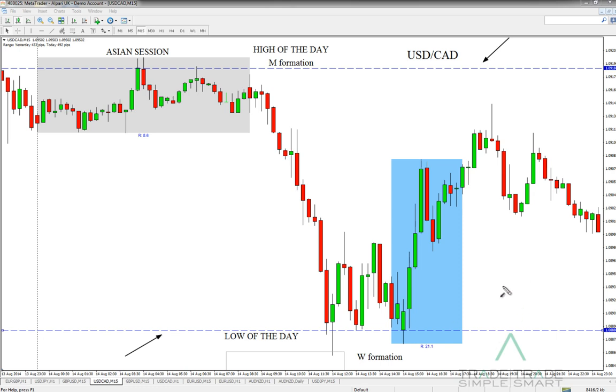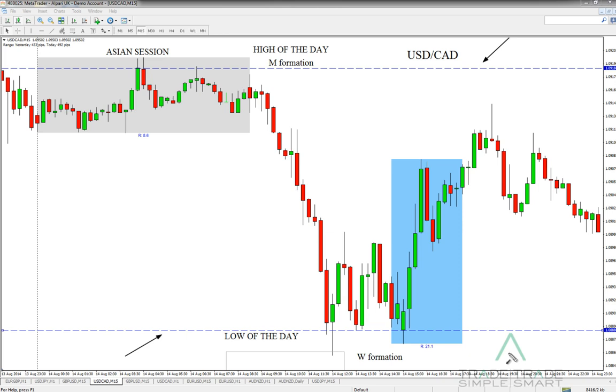Now, in terms of the price behavior that smart money will exhibit around these levels, we're generally going to see one of two things. We're going to see a candlestick manipulation formation, or we're going to see the characteristic M or W. They're both used for two purposes.